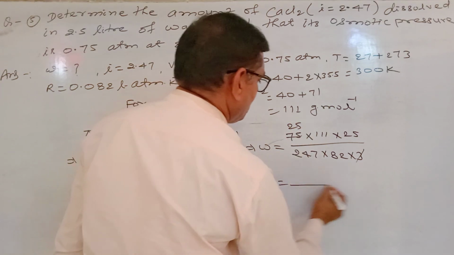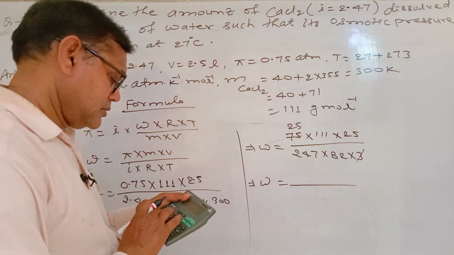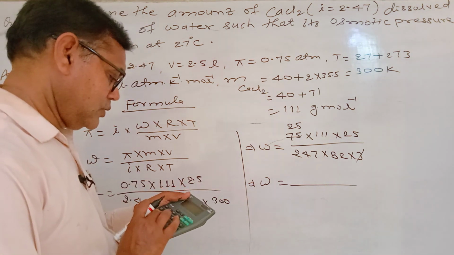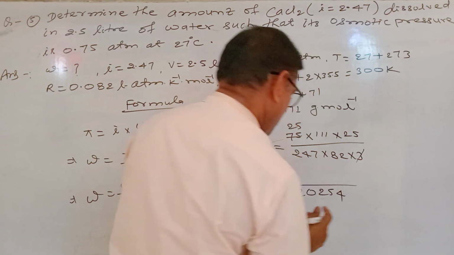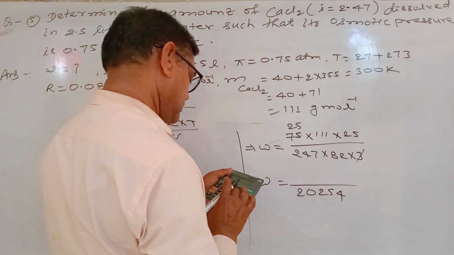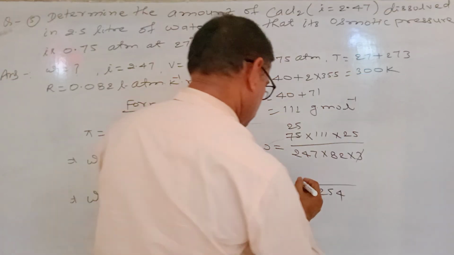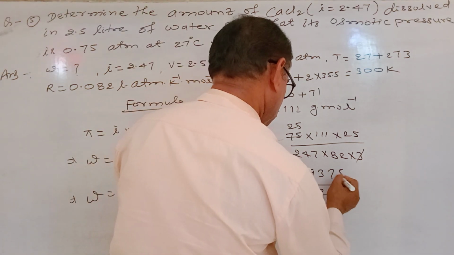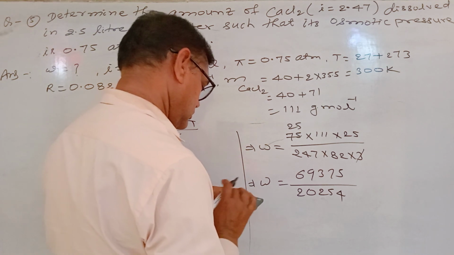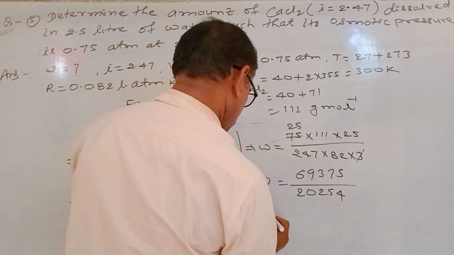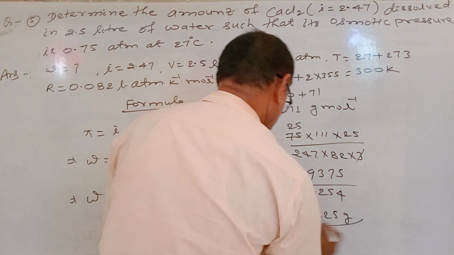Now we multiply 247 into 82 is equal to. Therefore, answer will be 3.425 gram. It is the answer.